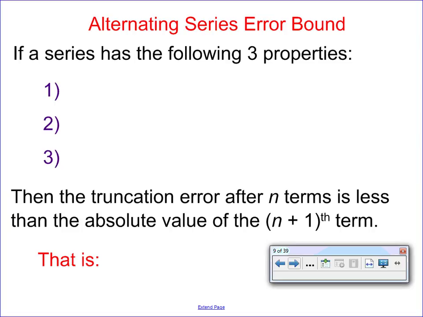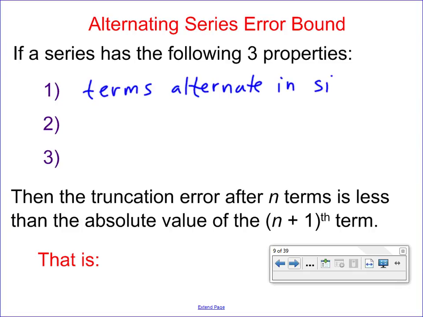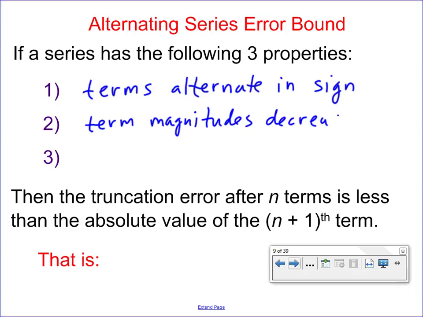We saw the alternating series bound. From our Bellwork, we know that if we have a series where the terms alternate in sign, the magnitude of the terms decrease in value, and the limit of the nth term goes to 0 as n goes to infinity, then we can apply the alternating series error bound.